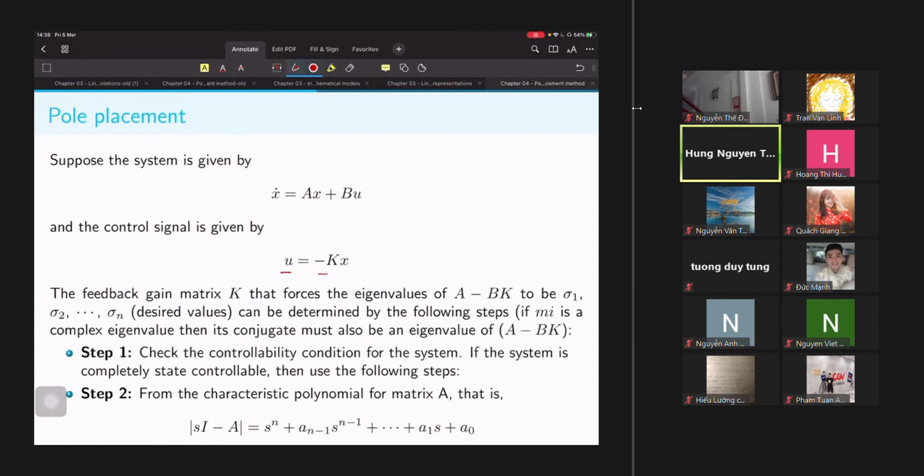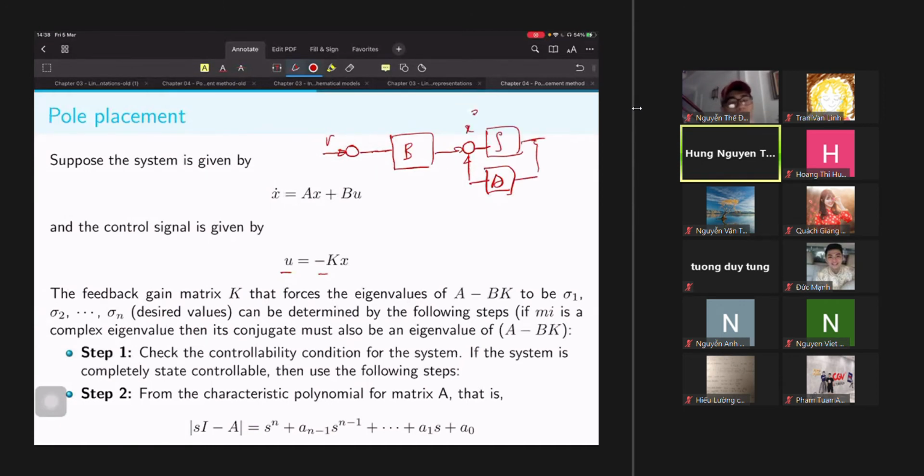We assume that we have the reference input here, and here we got B, and here we got A, and here the integral of x dot.